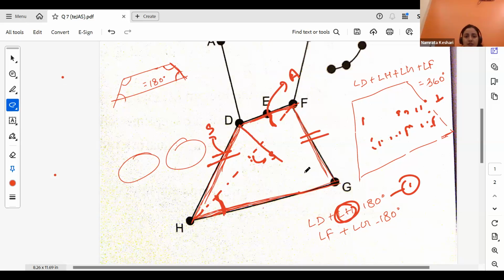If we take these two triangles, this one and that one, then we will have this angle, and this angle is still the alternate interior angle.